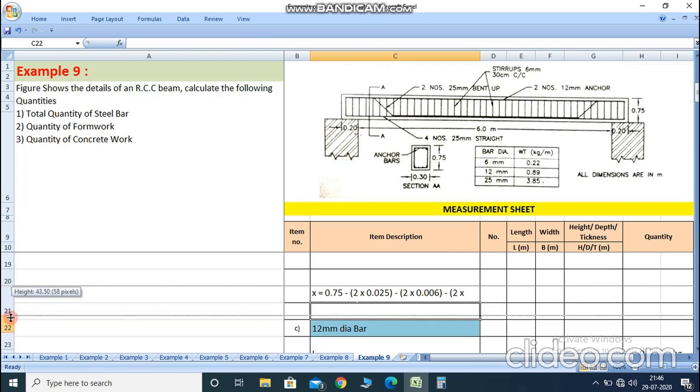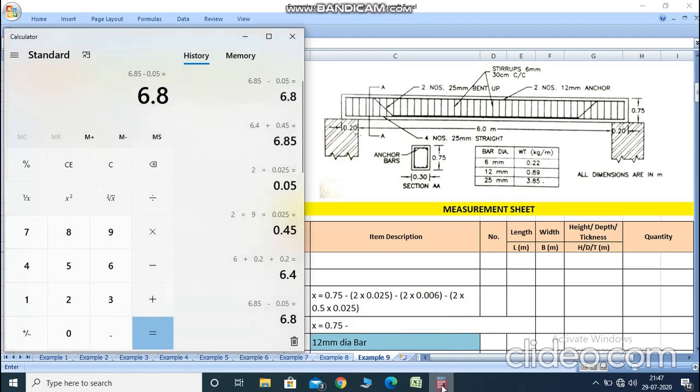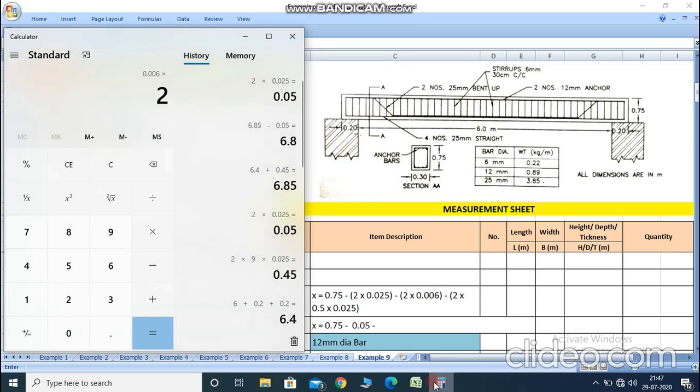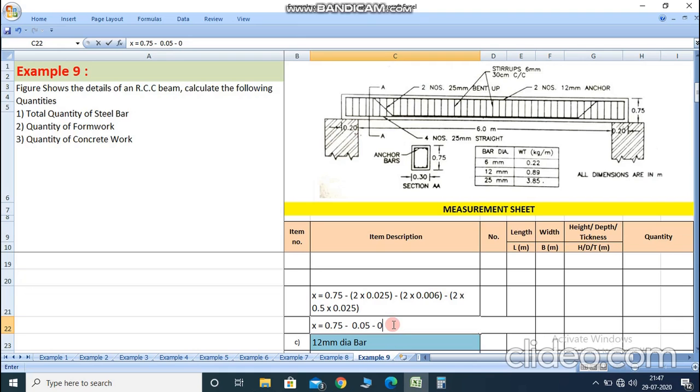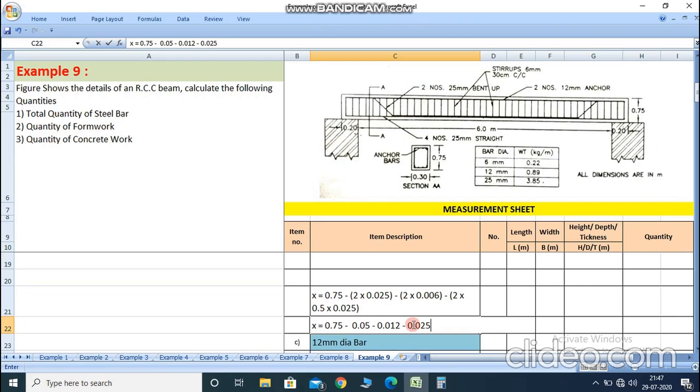Now we got the answer of the x value. x is equal to 0.75 minus 2 times 0.025, so the answer is 0.05, minus 0.006 multiplied by 2, so 0.012, minus 2 multiplied by 0.5 multiplied by 0.025, so the answer is 0.025.